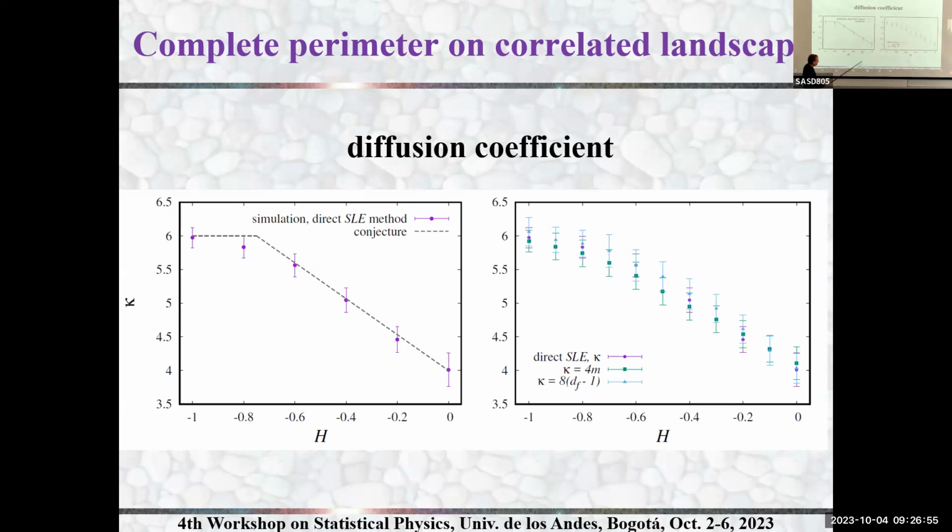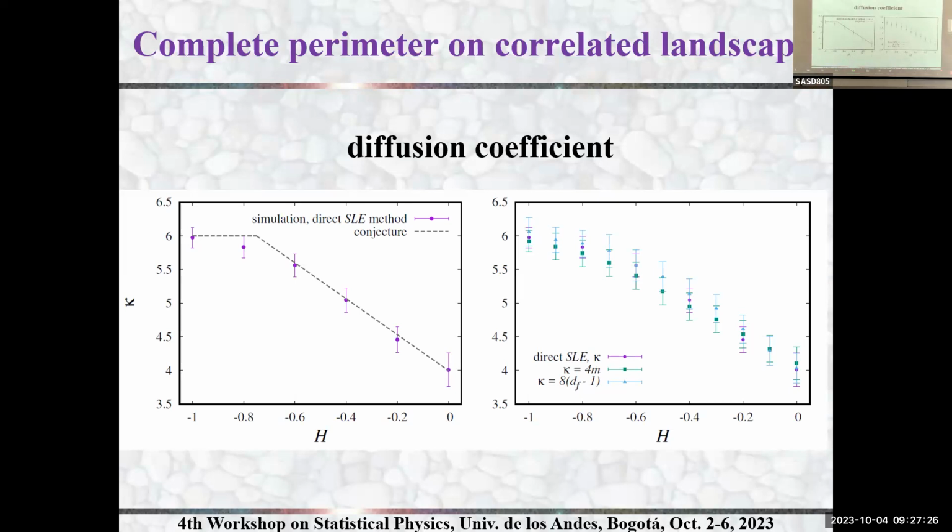And here you compare now the values that you obtain from this direct SLE with the values that you obtain from the fractal dimension, with the values that you obtain from the winding angle, and they all agree. So this gives you the feeling that indeed these are SLE. We have now a continuous family going through this whole spectrum from kappa equals 6 to 4.